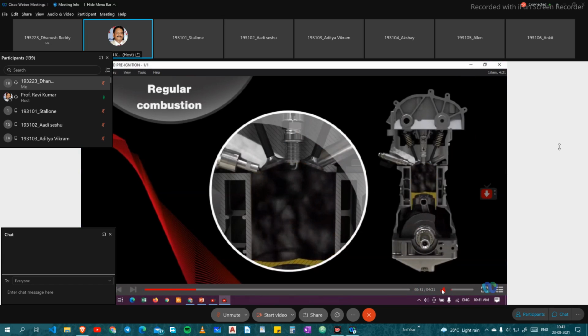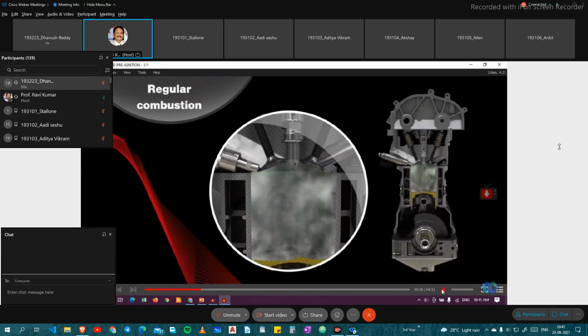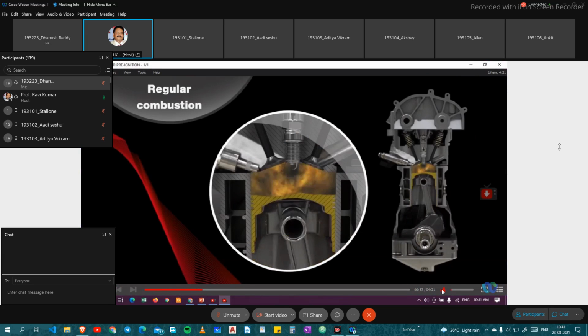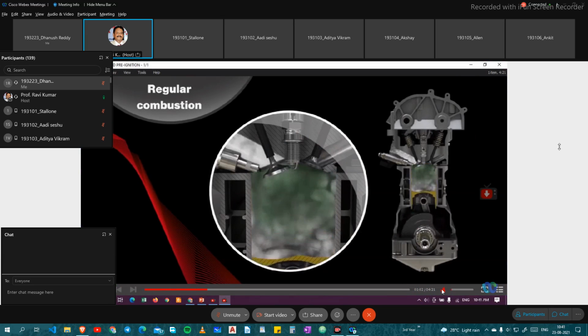Once the spark is there, you get the blast. Immediately the piston comes up from BDC and the exhaust gases are pushed over to the exhaust valve.